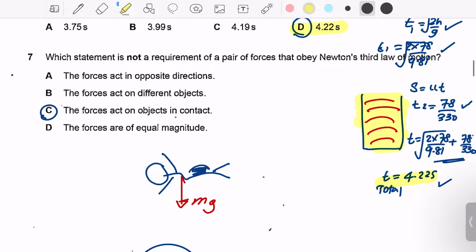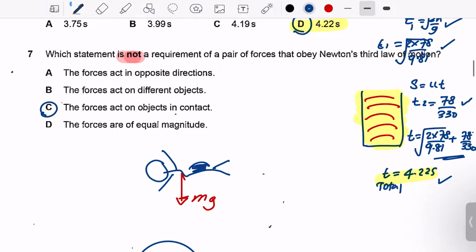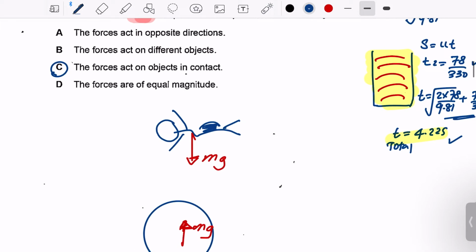Question number 7. Which statement is not a requirement for a pair of forces that obey Newton's third law of motion? Action-reaction pairs. A very good situation I thought about is a person who is falling under gravity. Let's say he jumped out of a plane. So he is falling towards the earth.